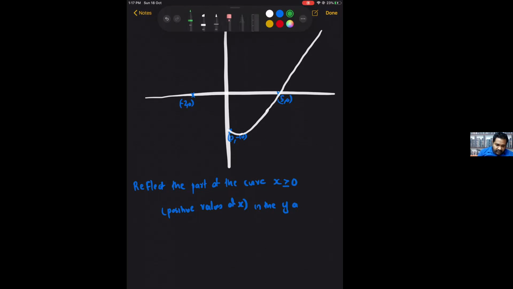Okay, so I will use a different color. Because 5, 0 obviously becomes minus 5, 0.